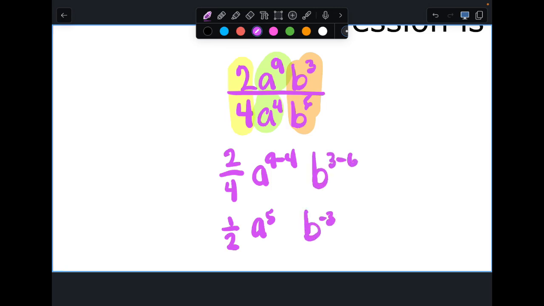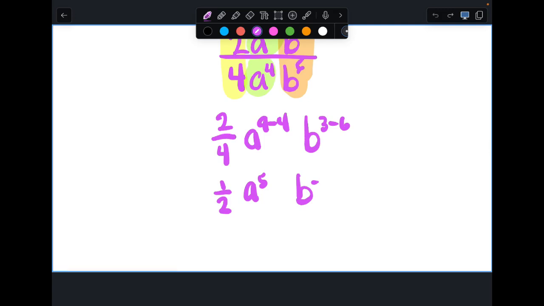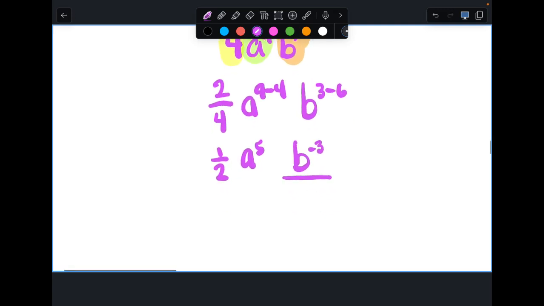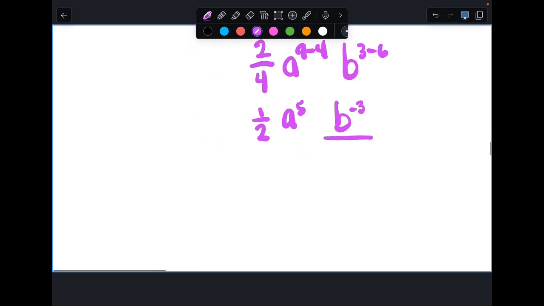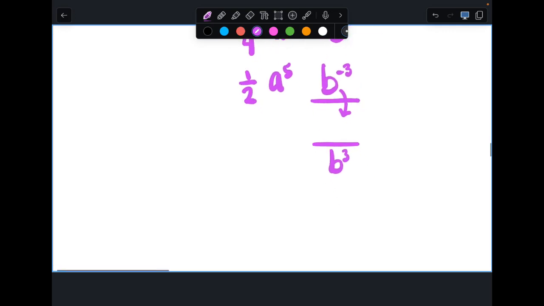Can we have a negative exponent? No. So we turn it into a fraction and flip it. So we're left with 1/2 a to the 5th b cubed.